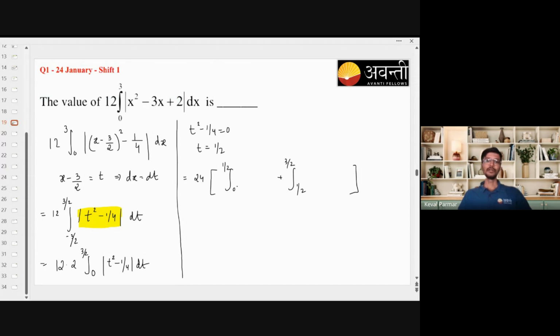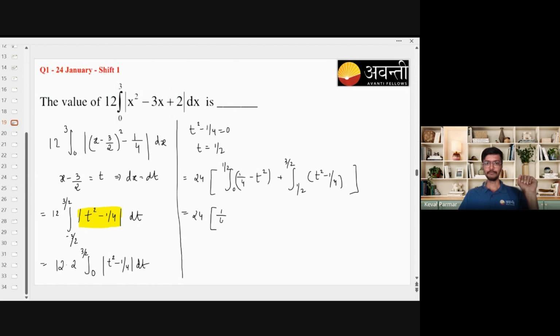From 0 to half, we'll get 1 by 4 minus t square, and from half to 3 by 2, we'll get t square minus 1 by 4. I'm not writing dt every time, please ignore it, because it is MCQs, not theory, so it is fine if we don't.